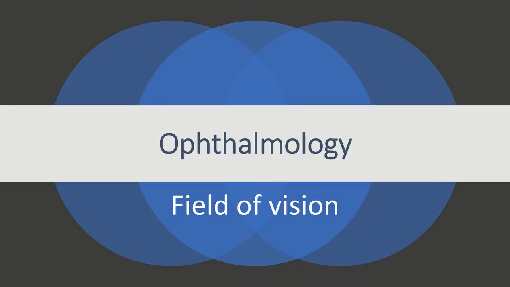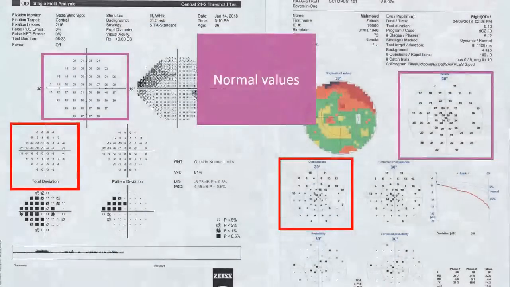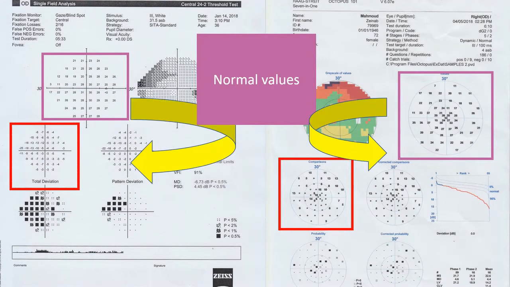What about ophthalmology? Here in the field of vision, the sensitivity of each point is compared with the normal values, and we have this table of total deviation in case of Humphrey or comparison in case of Octopus.